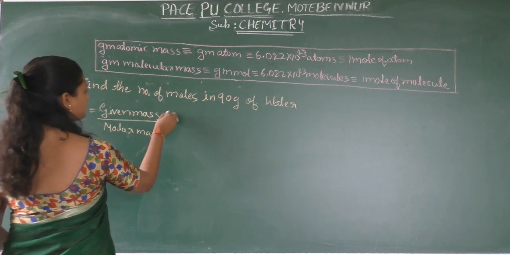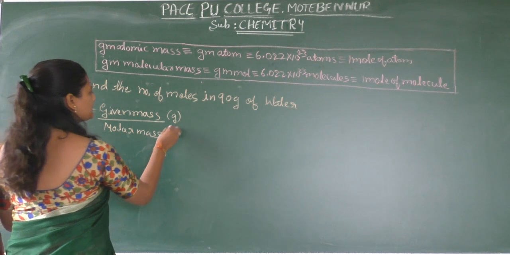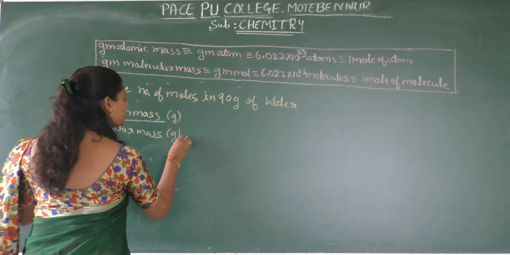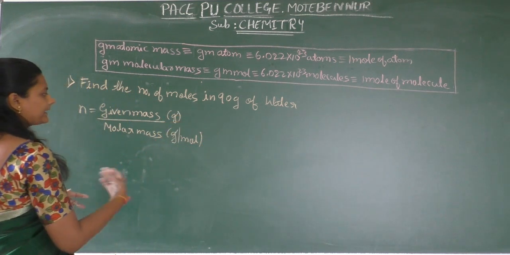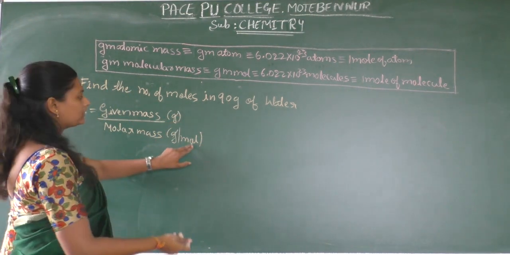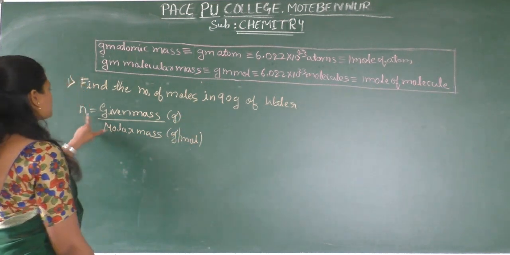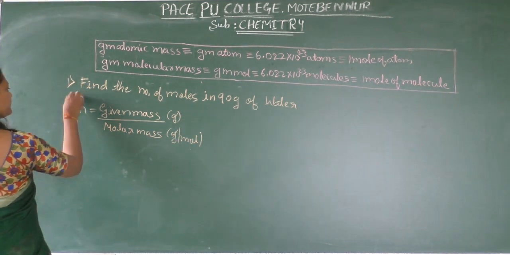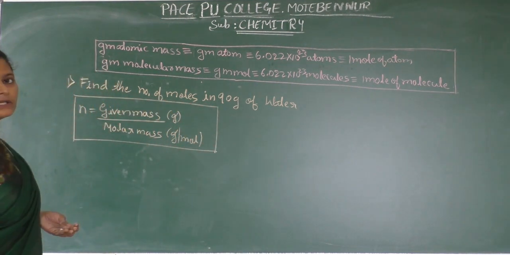Okay, so here the given mass is in terms of grams, and molar mass is in terms of gram per mole. So here the gram will get cancelled. If this mole goes to the numerator, it becomes mole. Okay, so this is the formula for calculation of moles by using mass.